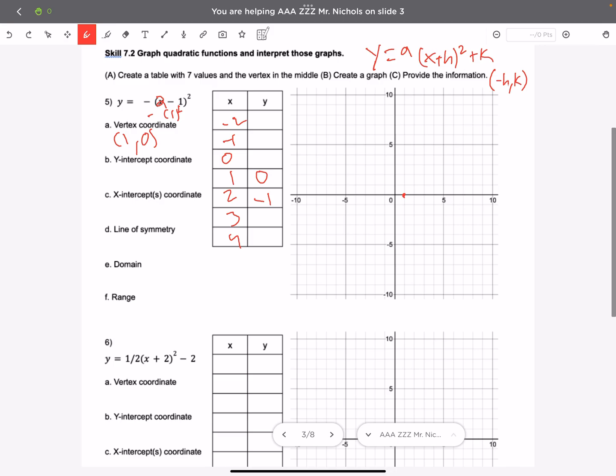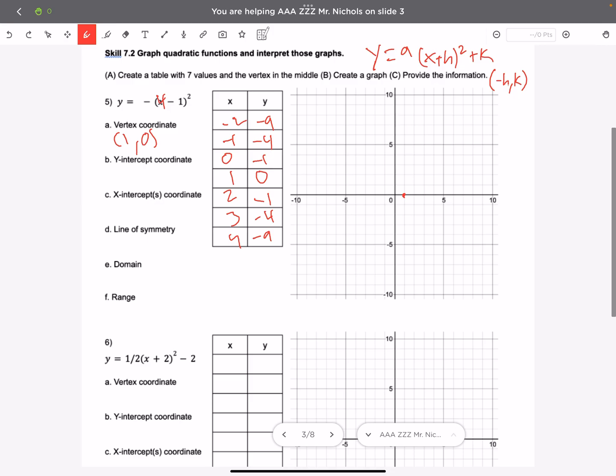And what's nice about quadratics is there's that line of symmetry. So if the number below my vertex is negative 1, then the number above it is also negative 1. I could then do the same thing with 3. I could put 3 here. 3 minus 1 is 2. 2 squared, turn it negative, minus 4, minus 4. And then 4, that's 3 squared, is 9, so that's minus 9, minus 9.